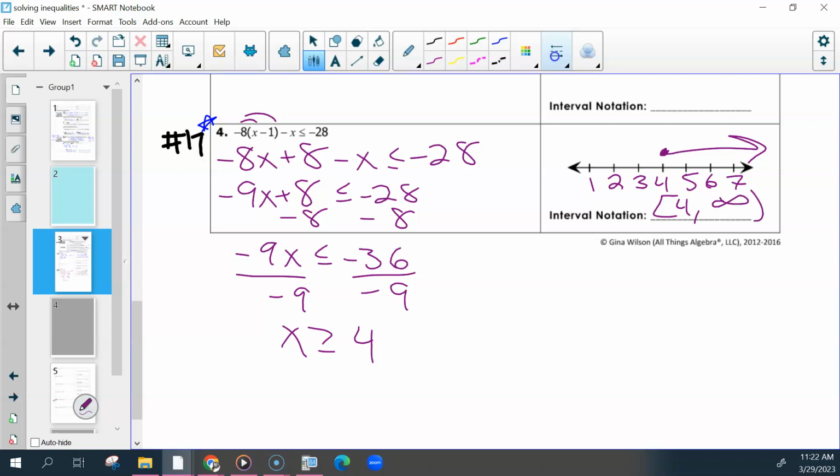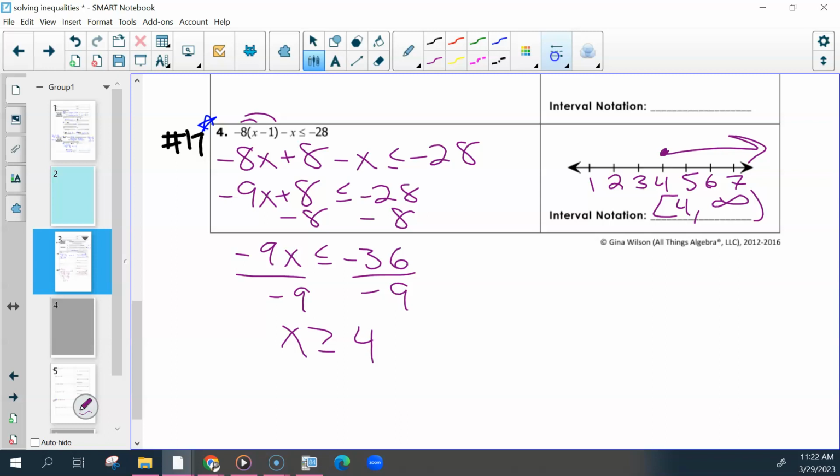So sometimes you'll have a mixed answer. Sometimes it'll be parenthesis and bracket. Sometimes both parentheses, or sometimes both brackets. Depends. Questions on that one? Yes, because the 4 is closed. Is that what you were asking?